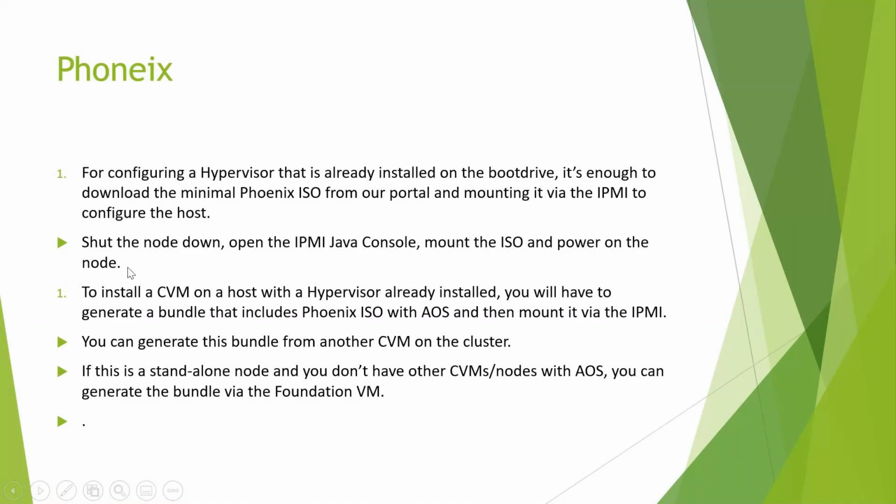You only have a hypervisor, an ESXi or AHV hypervisor. Now you need to install the CVM. To do that, you go to the Nutanix website, or if you have another node, from there you can generate the Phoenix ISO. Now this ISO only has AOS, not the hypervisor, because now you don't need the hypervisor. I told you there are three types of Phoenix ISO.